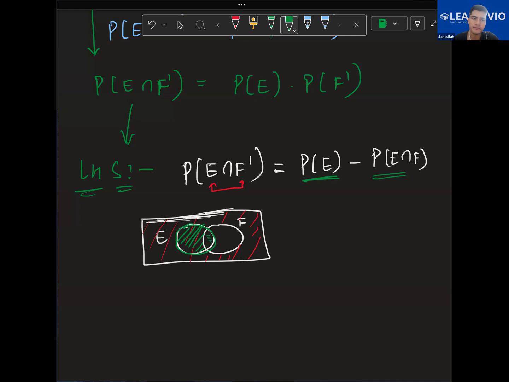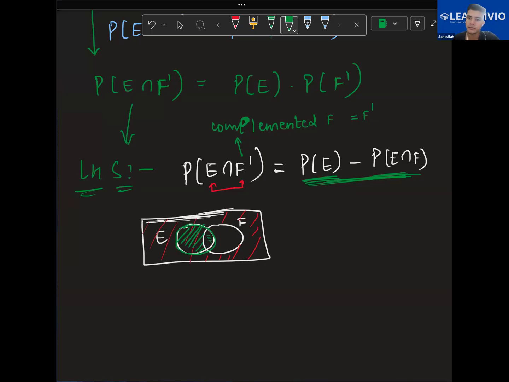Okay. So you can memorize this formula directly. If there is any doubt, then you can use the Venn diagram. Otherwise, directly memorize this formula. Whatever the complemented event, this event is known as the complement of F. इसको हम बोलते हैं complement of F. That means we are not including F in whatever the required thing, and that is represented by F dash.